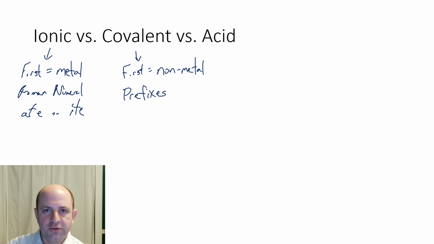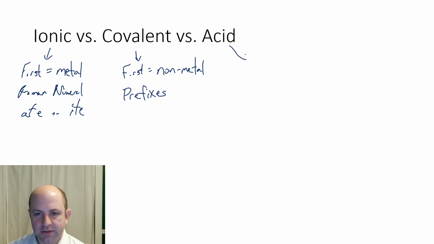Ionic compounds don't use them. There's a few polyatomic ions that have them built in, but they're not in our need to know list for this chapter or even this course really. So if you see a prefix, if you see di, tri, tetra, then 99% of the time it's covalent. Just go ahead and assume that. Okay? And so that's how you know that it's a covalent compound, one of those two methods.